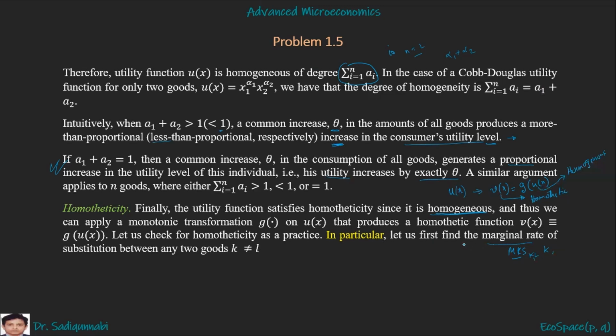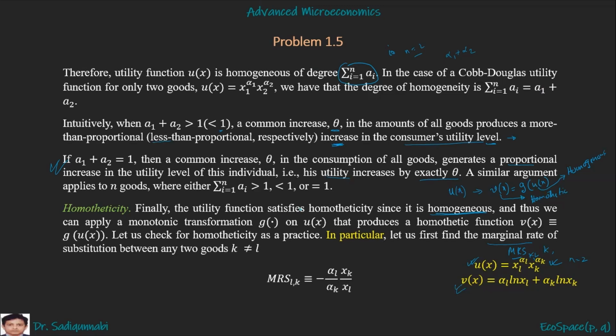This is our function for n equal to 2, and this is our transformed function. We use the logarithmic monotonic transformation, so we can find the marginal rate of substitution MRS from this monotonic transformed function.